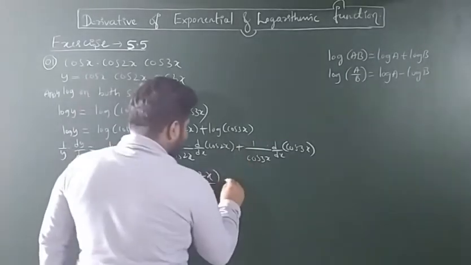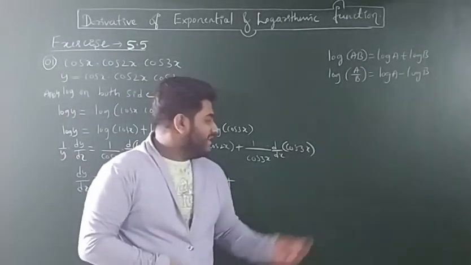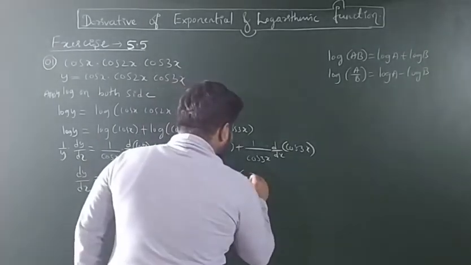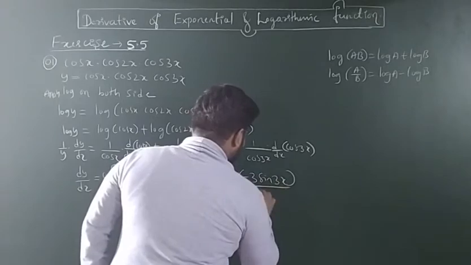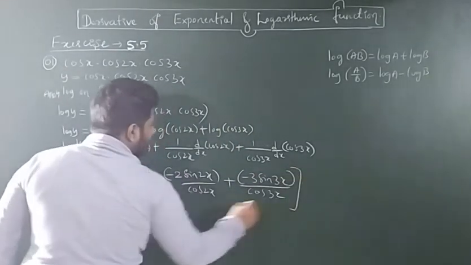Next, plus cos 3x differentiation is minus sin 3x, and differentiation of 3x is 3, so totally minus 3 sin 3x divided by cos 3x.